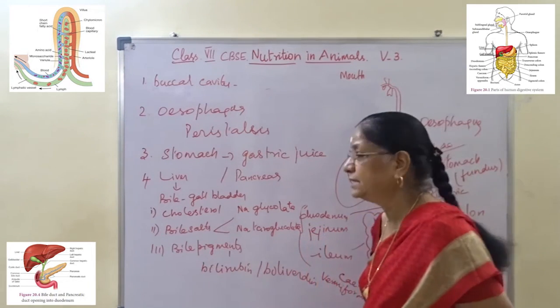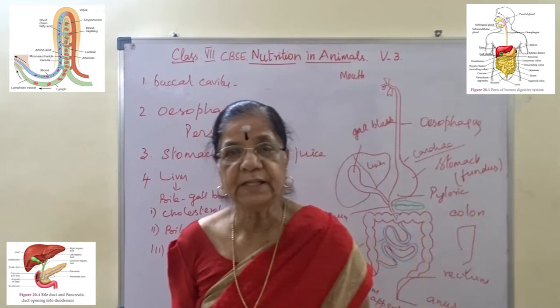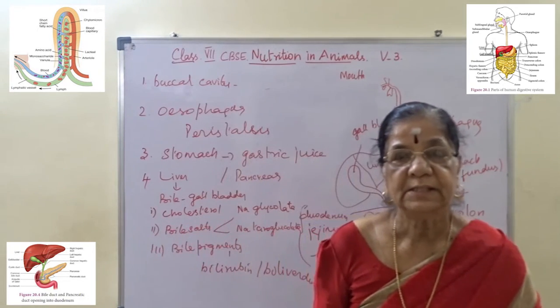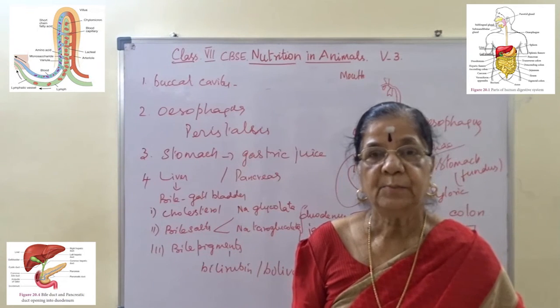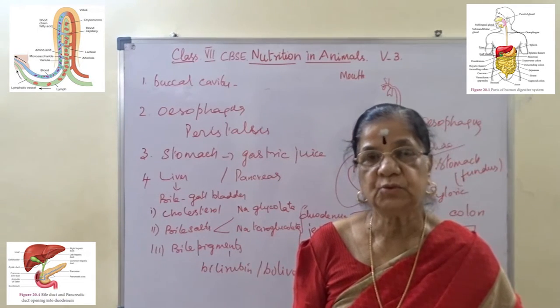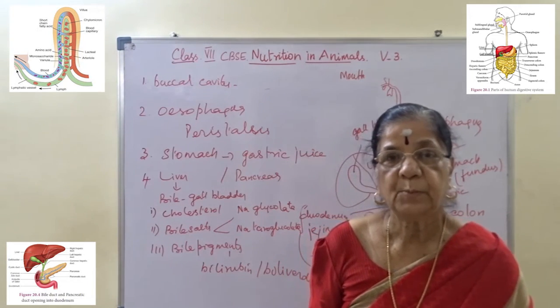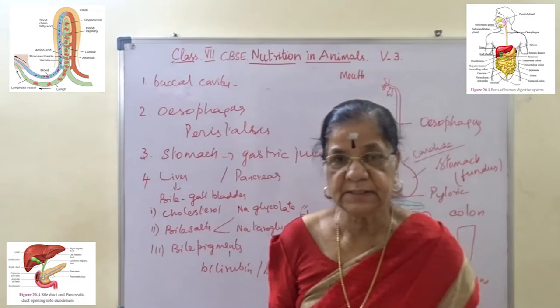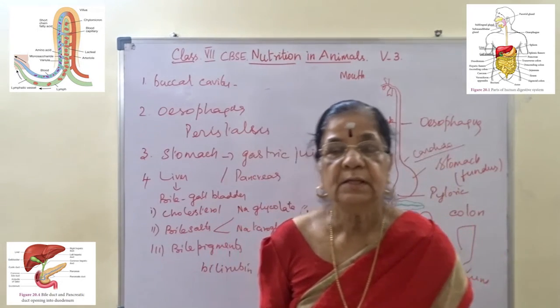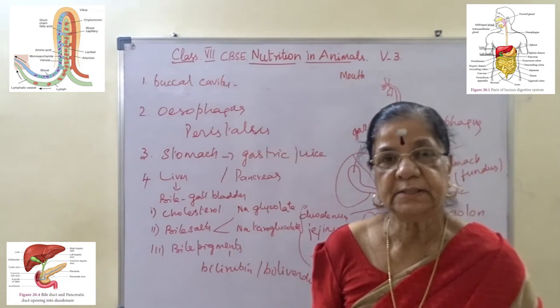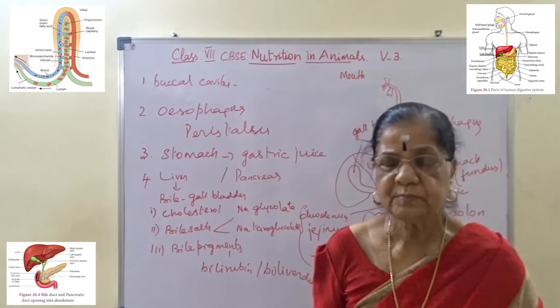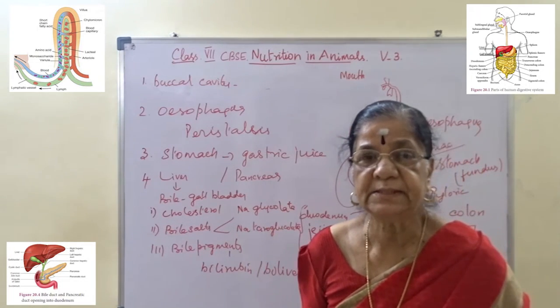So this pancreas secretes pancreatic enzymes, including pancreatic amylase, lipase, maltase and sucrase. They act upon carbohydrates if any digestion is not completed, and then protein as trypsin and chymotrypsin. And then lipase digests fatty substances.